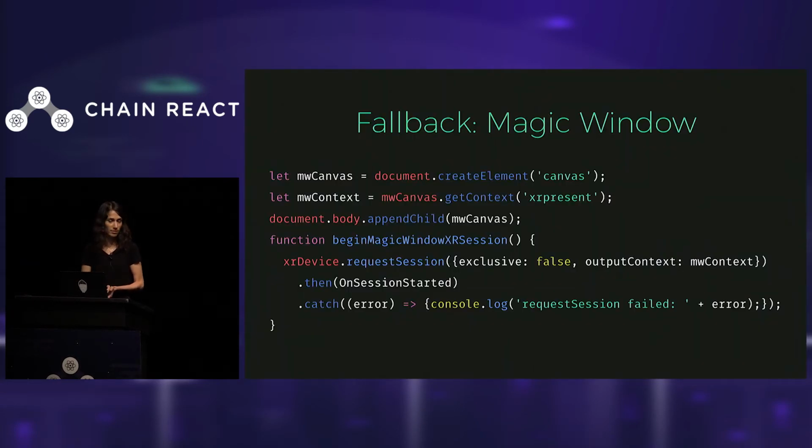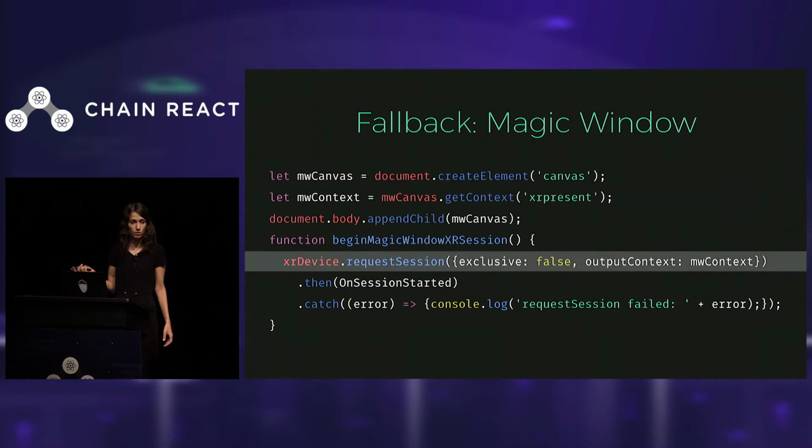And the cool thing about the magic window mode is that it does not require a user gesture to be started, so we can just render our content to the page when it was loaded without requiring the user to click any button or similar. And to start an XR session for a magic window, you can use the XR session creation method and set the option exclusive this time to false.